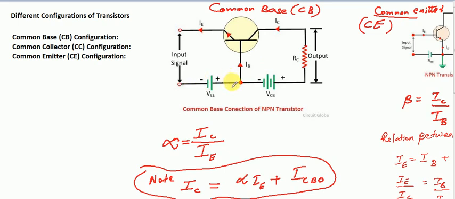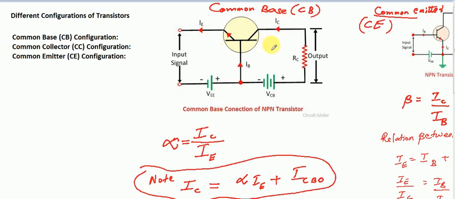We can express the amplification, better known as the current amplification factor, for the common base transistor configuration as alpha. Alpha is the current amplification factor. In this common base configuration, the output current is IC, the collector current, and the input current is IE, the emitter current.